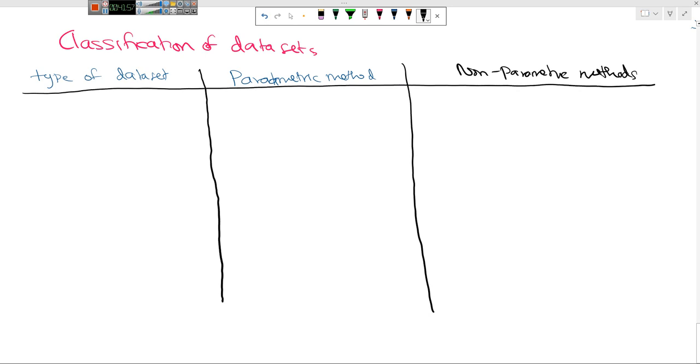The first type of data that we can have is one sample. Here we have only one group.